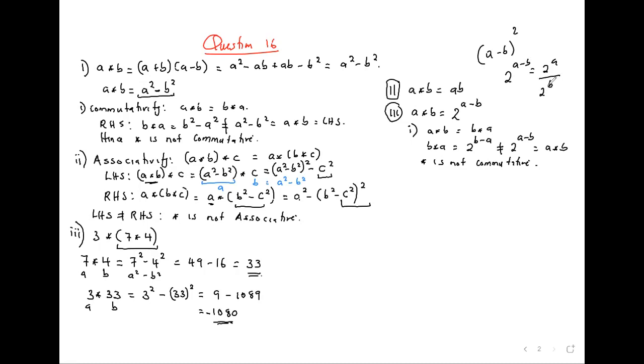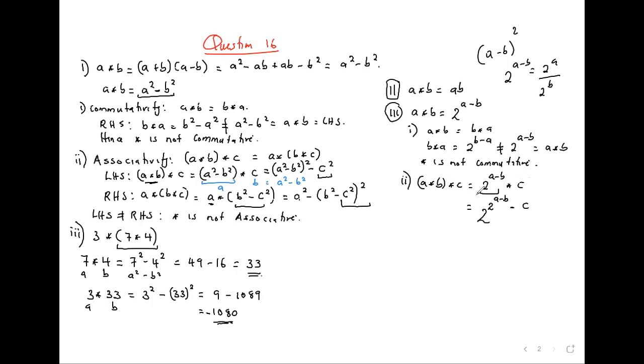Is it associative? A star b star c. This is the same as 2 a minus b star c. So that now you start with 2, then your a is this whole thing. So the power becomes 2 a minus b, then minus c. Because this becomes your a now.